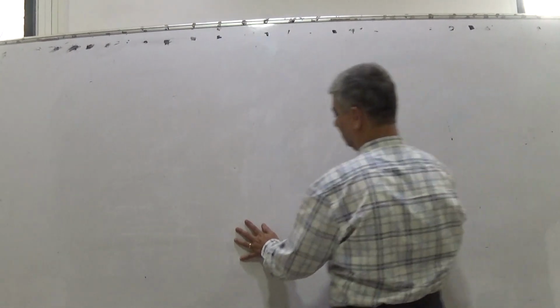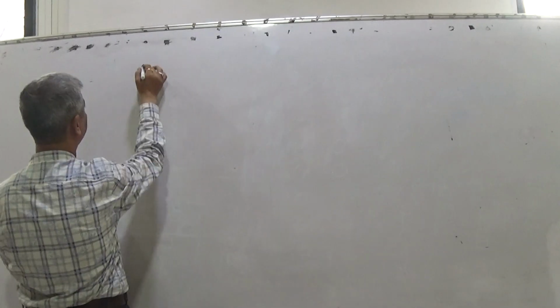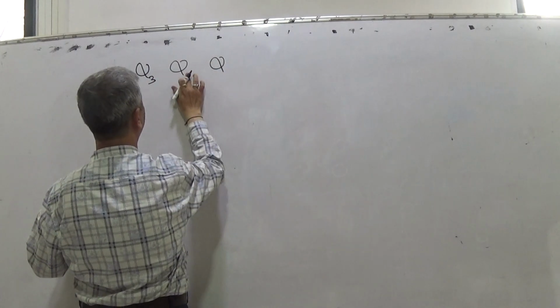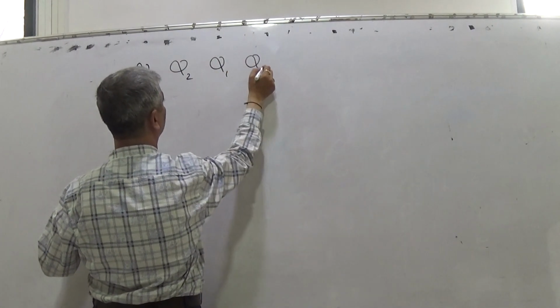So a decade counter has how many states? 10 states. So Q3, Q2, Q1, Q0.